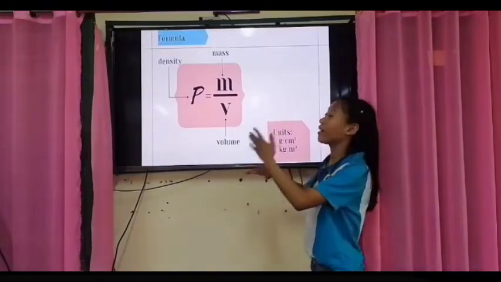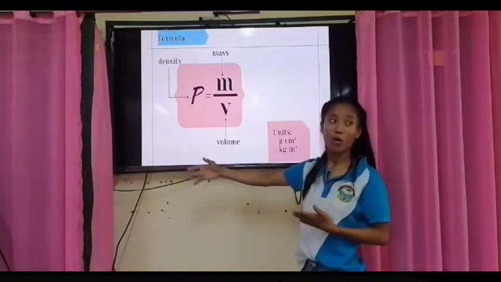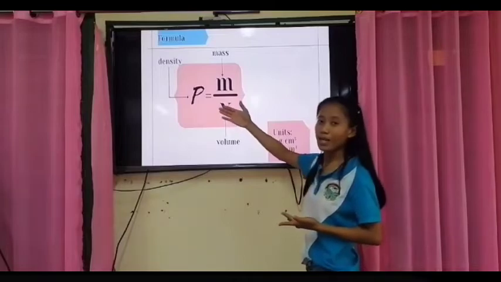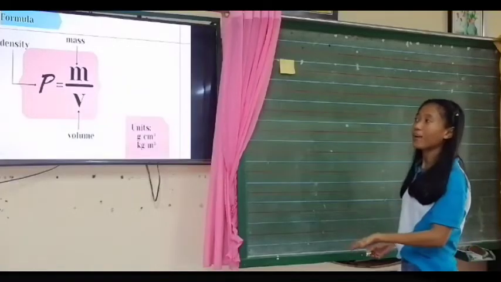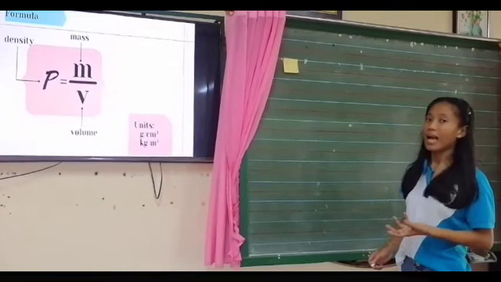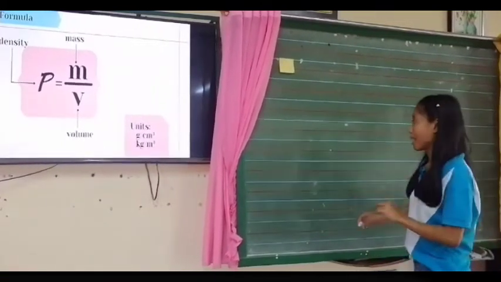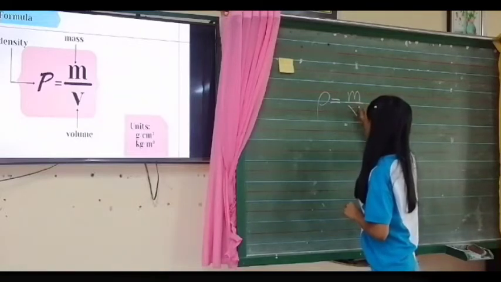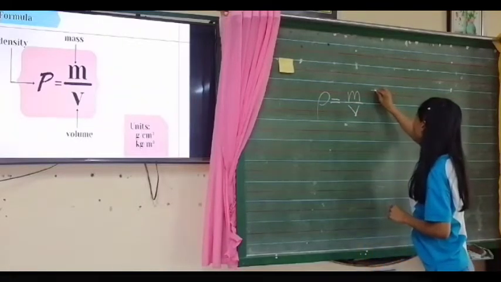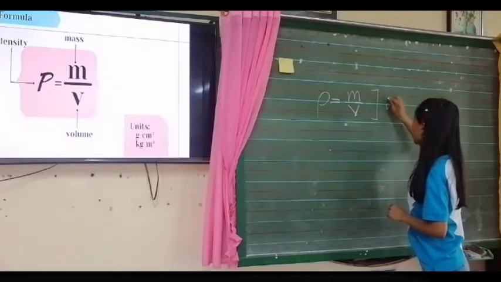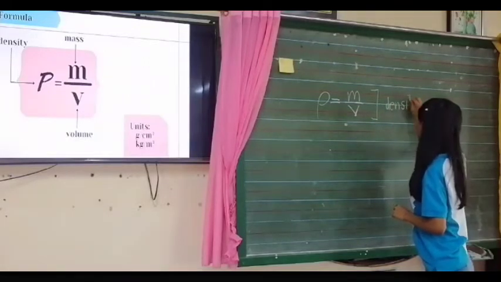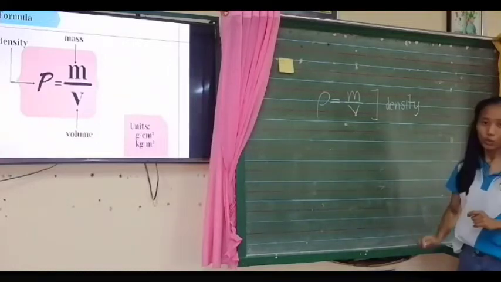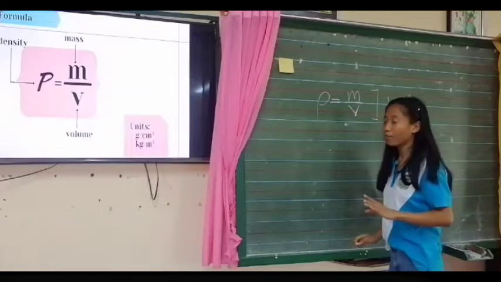Pero pwede natin i-derive itong formula ng density kung ang hinahanap natin sa isang problem ay ang mass o ang volume nito. So we can derive the formula for density kung hinahanap natin ay mass. Halimbawa, hinahanap natin ang mass. So ρ equals M over V. Ito yung original formula for the density. So, gamitin natin yung triangular formula.